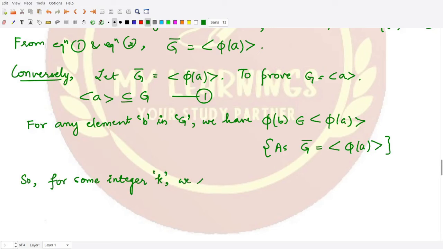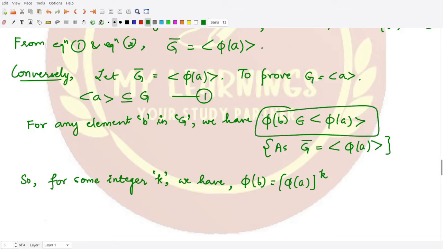So for some integer k, phi of B is equal to phi of A to the power k, because phi of B is contained in the group generated by phi of A. So this is equal to phi of A to the power k.